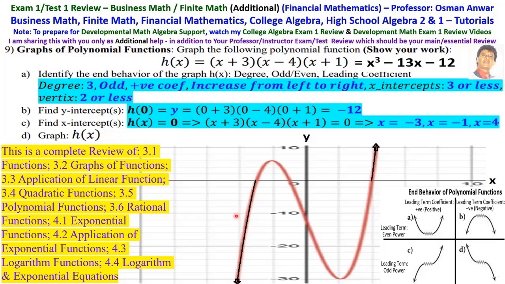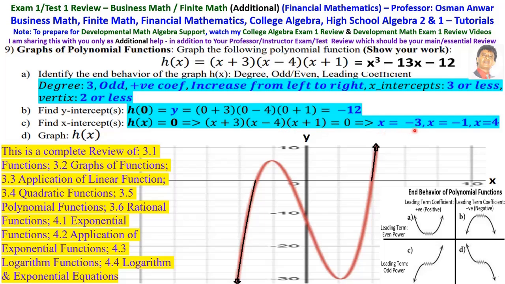So now to graph it, first find the y-intercept, which is h of 0, which is y equals (0 plus 3) times (0 minus 4) times (0 plus 1), which is minus 12. Then find the x-intercepts. The x-intercept is h of x equal to 0, which is (x plus 3) times (x minus 4) times (x plus 1) equal to 0.